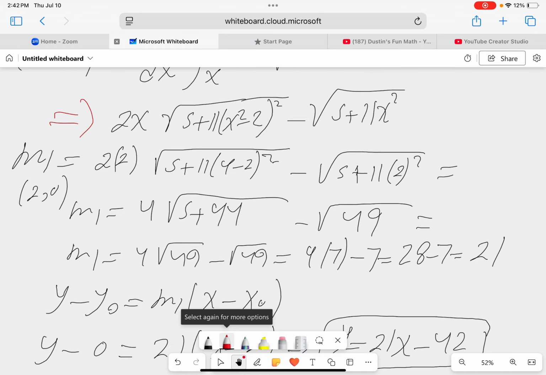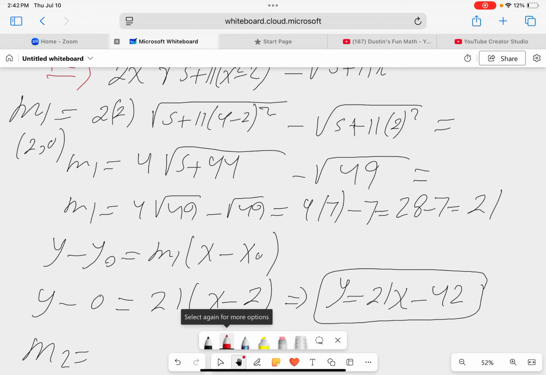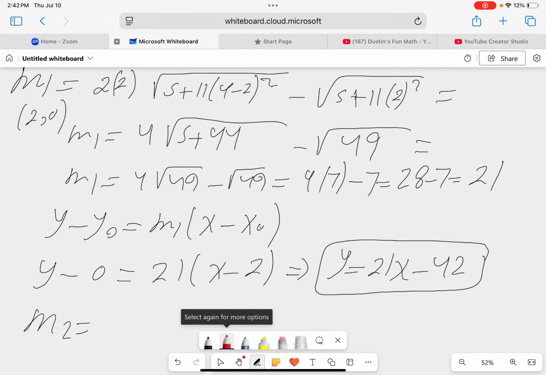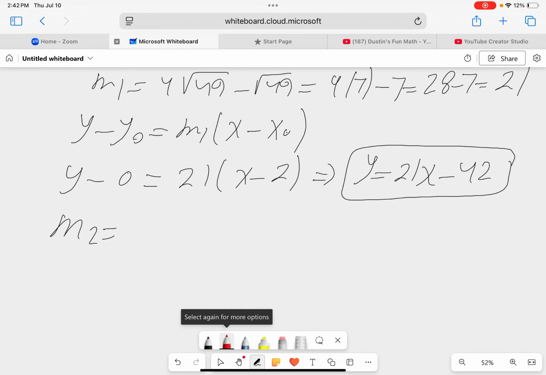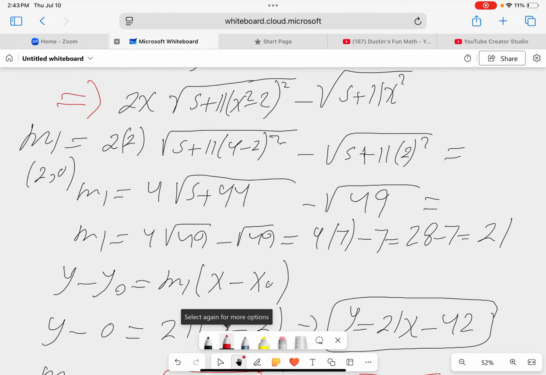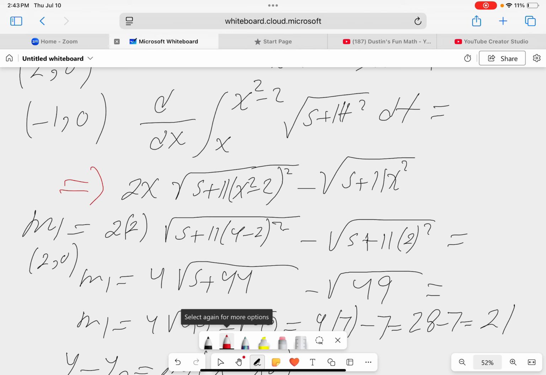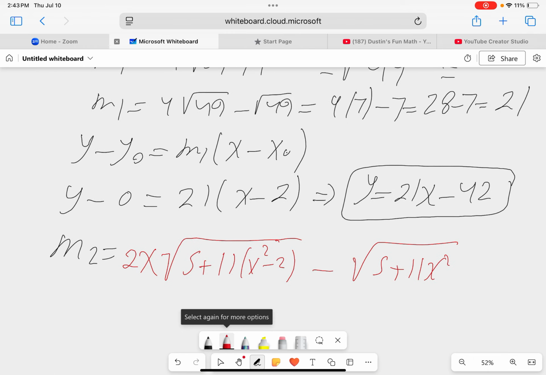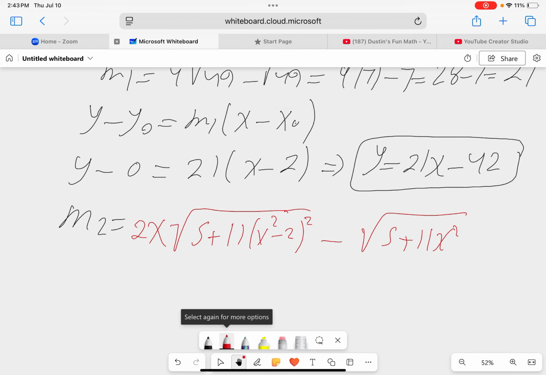And so I'm going to rewrite it again: 2x square root of 5 plus 11 x squared minus 2, right? And then minus square root of 5 plus 11 x squared. Let's compare them to see if we got it right. And that is correct. And then don't forget we have a 2 here.